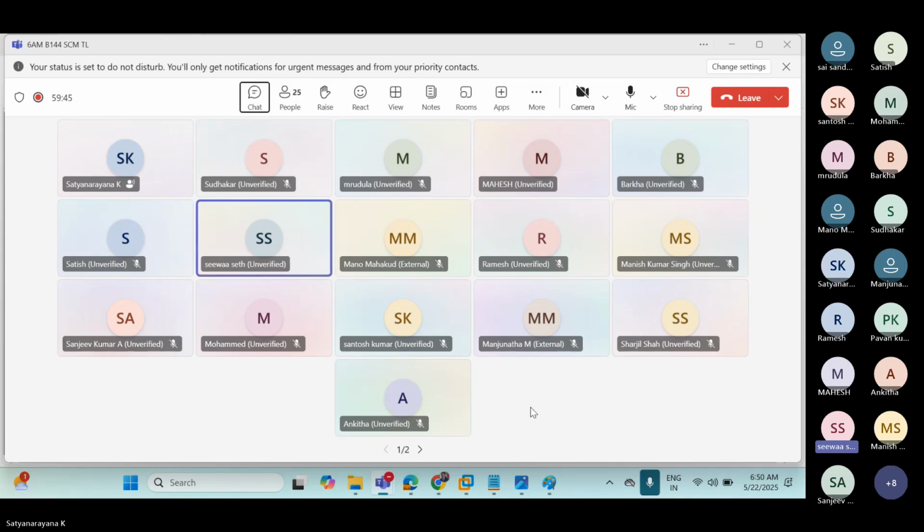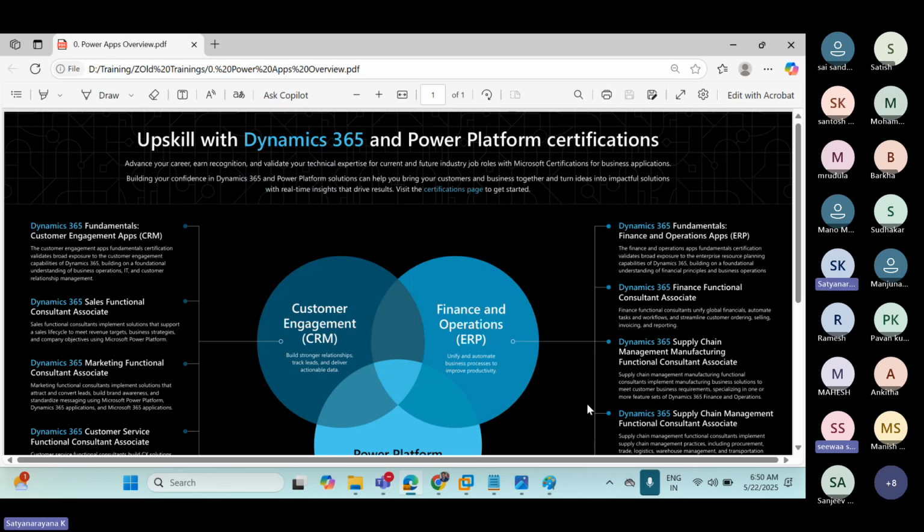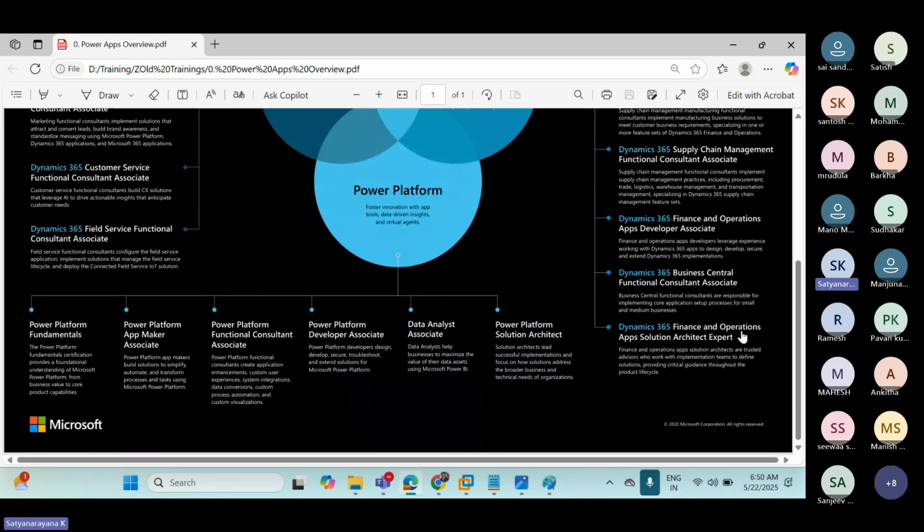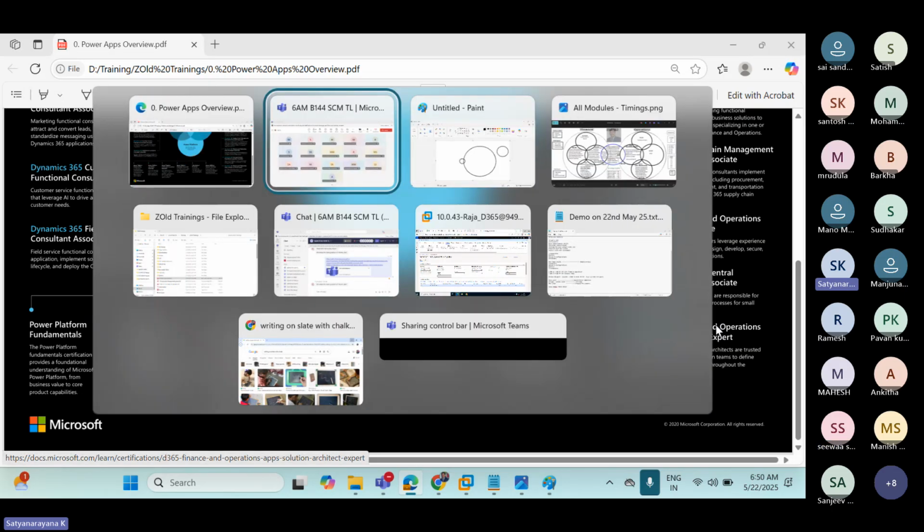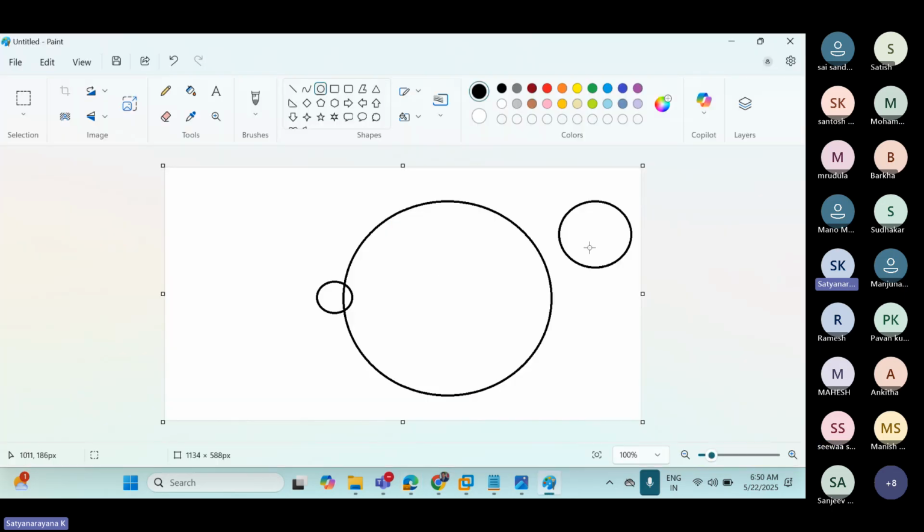What about Business Central? Because I'm in Sydney. There are good opportunities in Business Central also, but the problem is this is also a very small application. When compared with F&O, it is a small application, maybe 5 to 10%, or it may be around 30%.